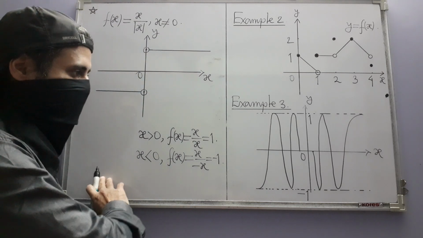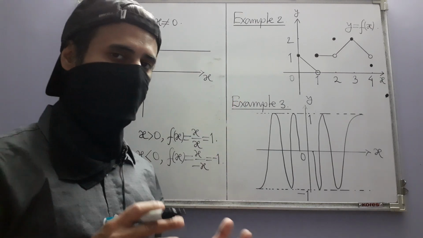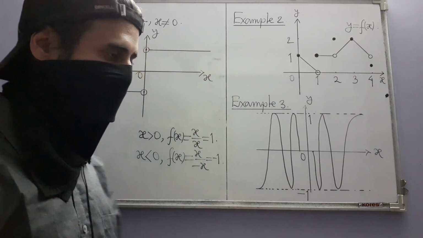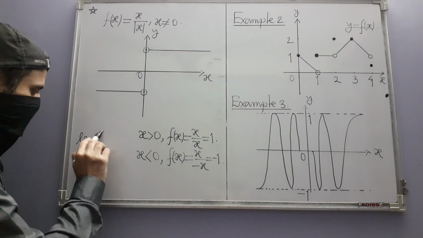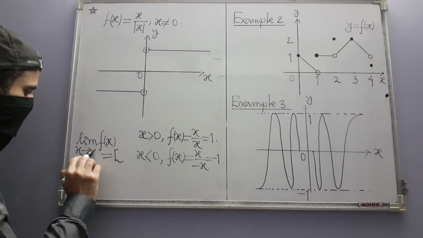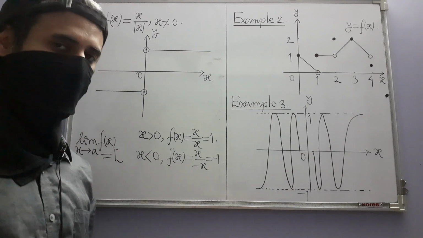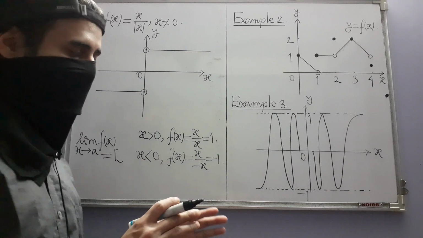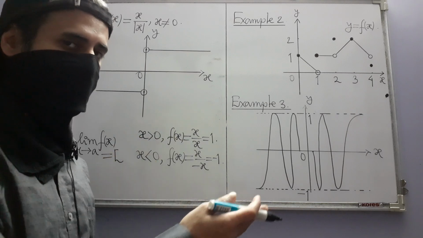Now for a moment let us forget about that epsilon delta thing. What was our original informal notion of limits? The informal notion says that the limit of f of x is L at a if f of x approaches L as x approaches a. But approaches a means it can either approach a from the right side or it can approach a from the left side.